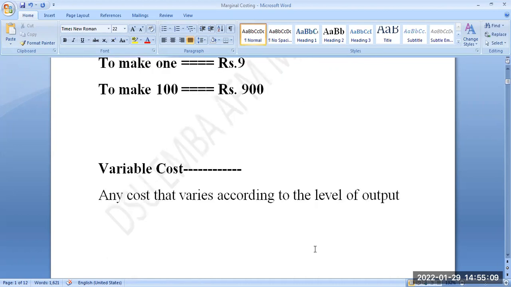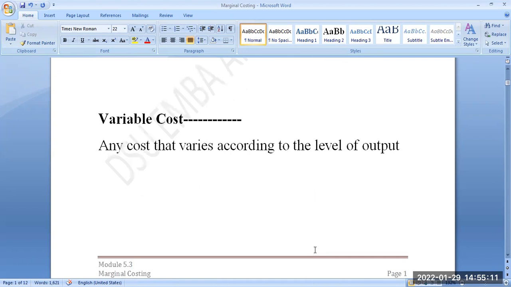Okay, so variable cost is a cost which varies according to the volume of output. If the volume of output increases, the total variable cost will increase. But here, variable cost per unit remains constant. You just told me variable cost will vary, but now you are telling variable cost per unit remains constant. Are you able to understand this?